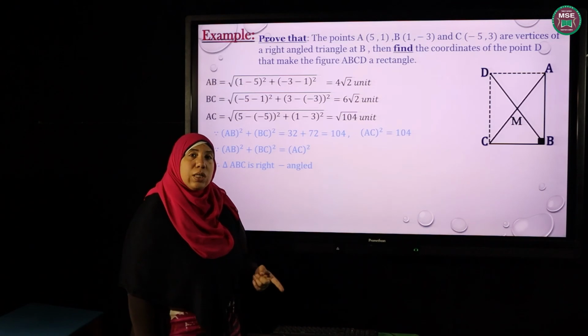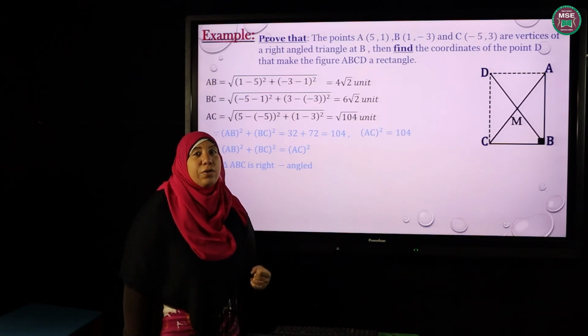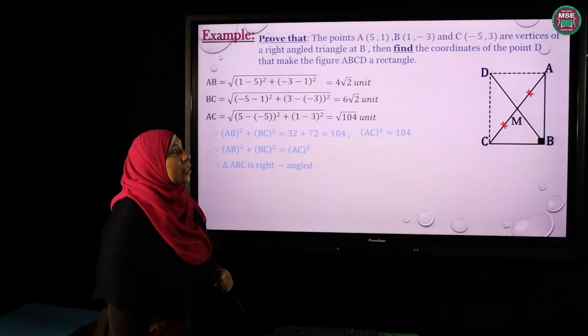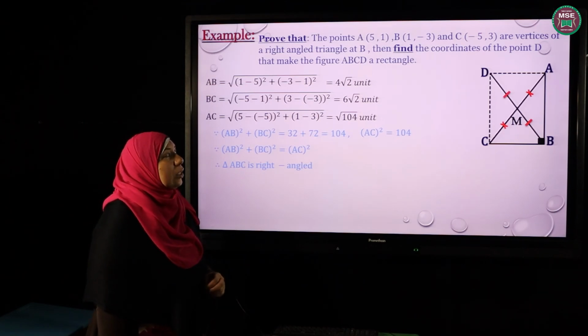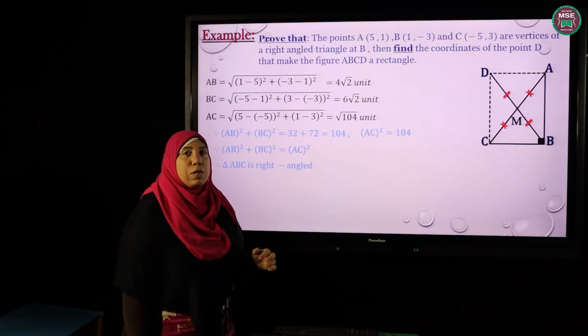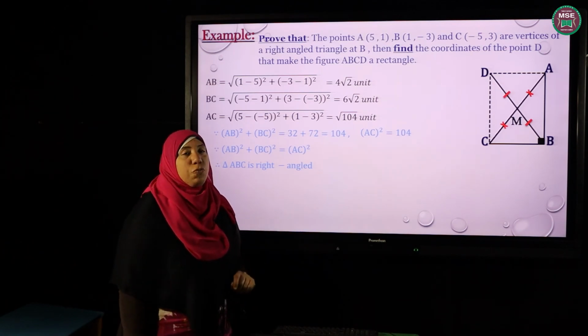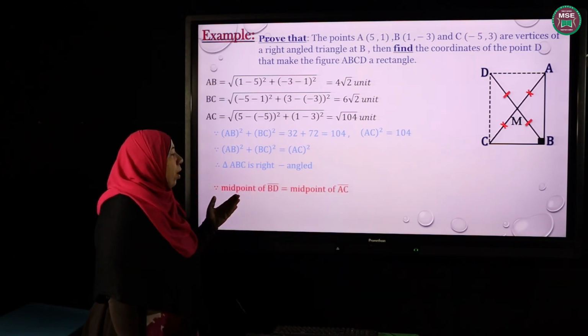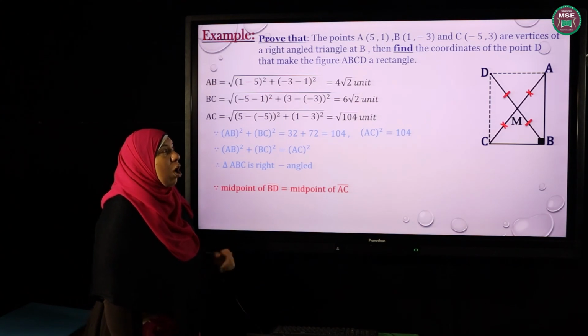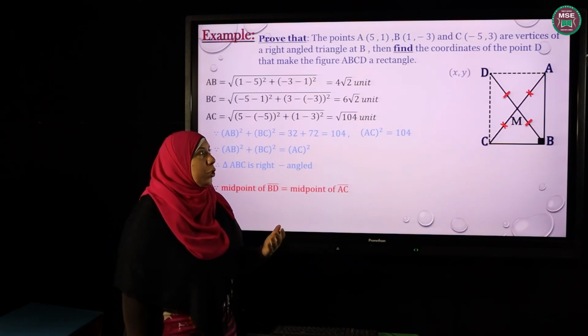If I draw the diagonal BD and I have the diagonal AC, the diagonals bisect each other, so the midpoint of AC is the same as the midpoint of BD.